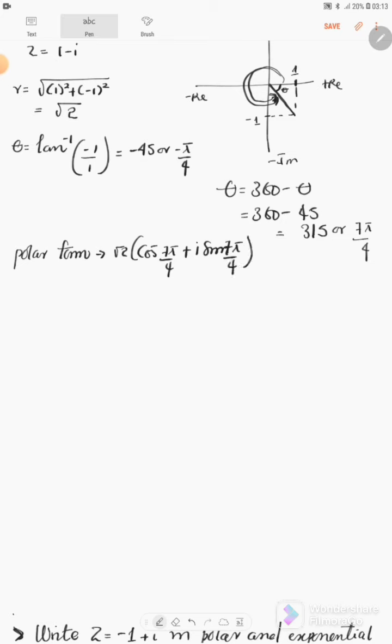This is where we stop at polar form. Now moving to exponential form. What do we have here? We have the exponential form formula as r exponential I theta. That will be root 2 exponential I 7 pi over 4.